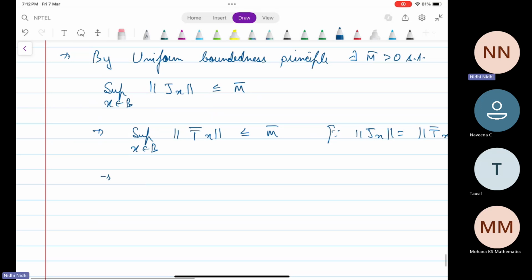This implies T bar B is bounded. Hence, T bar is continuous.